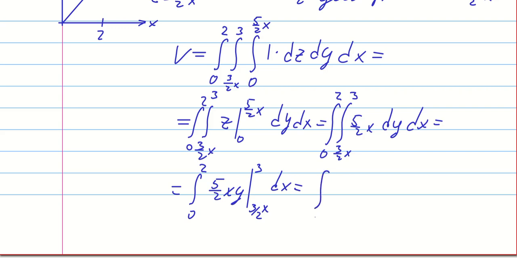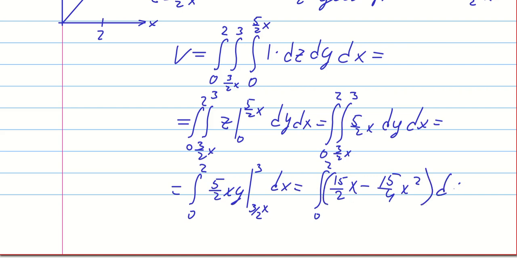So we plug it in, and we get the integral from 0 to 2 of 15 over 2 x minus 15 over 4 x squared, dx.